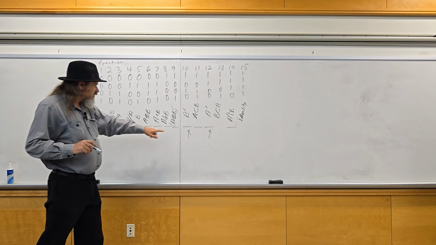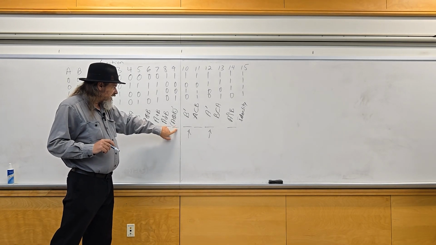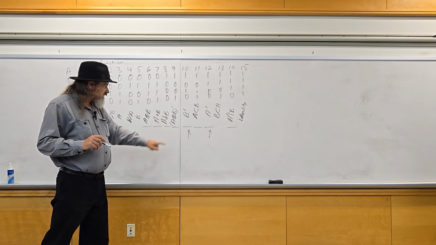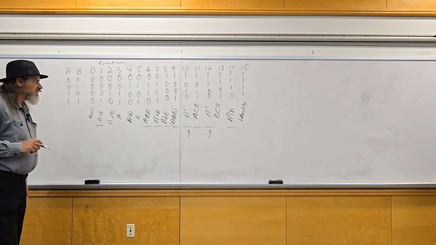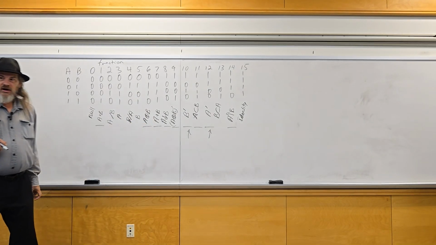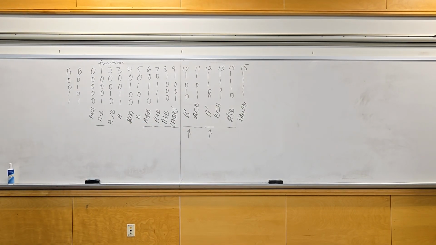In the 7400 series, the exclusive NOR is not implemented because you could just take an exclusive OR and put an inverter on it, and the exclusive NOR is not used very often in logic circuits.